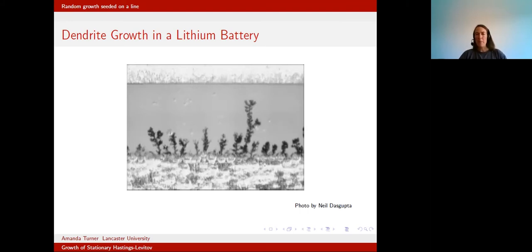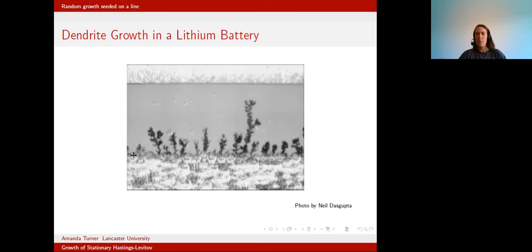So these are really, really bad news in batteries, and a lot of effort is put into trying to design batteries that will limit the rate at which these dendrites grow. So this is a really important question for physicists: to understand the growth of dendrites in this kind of setting.